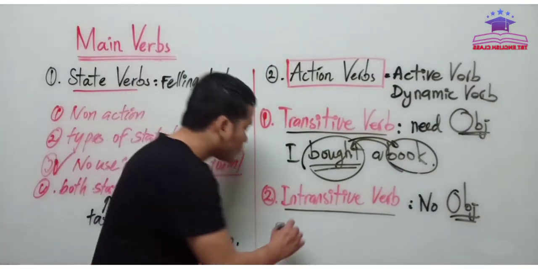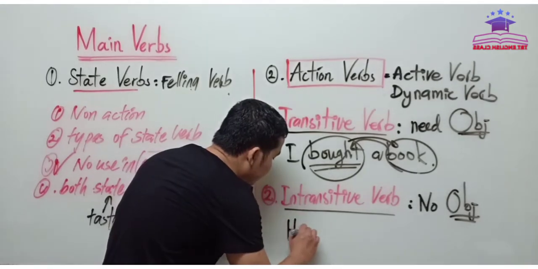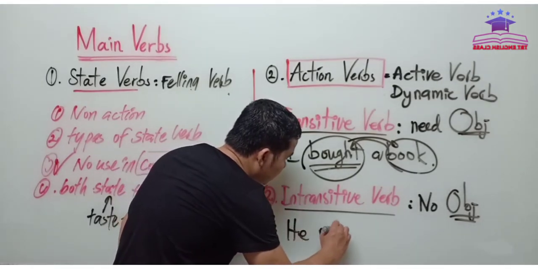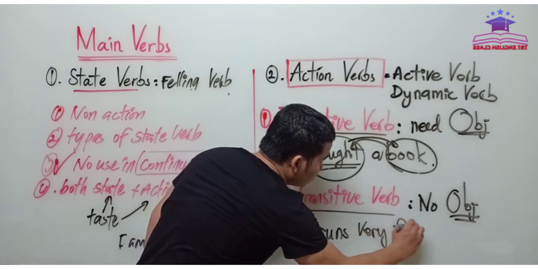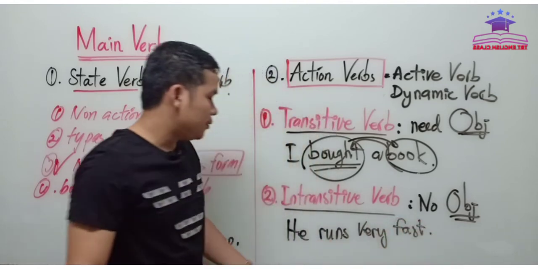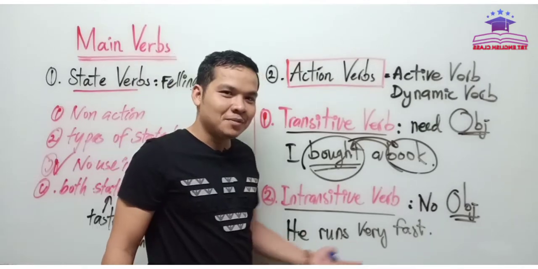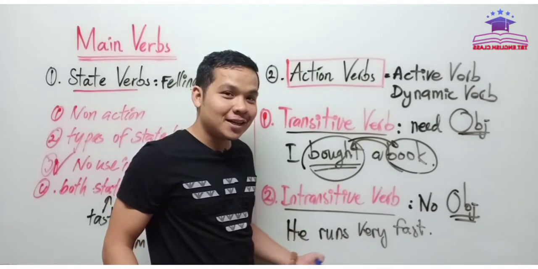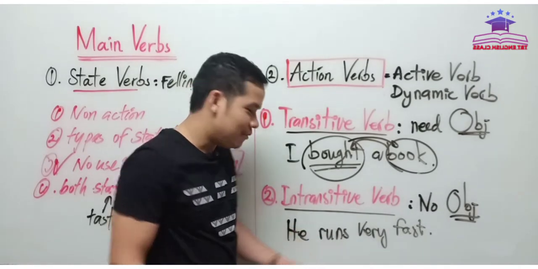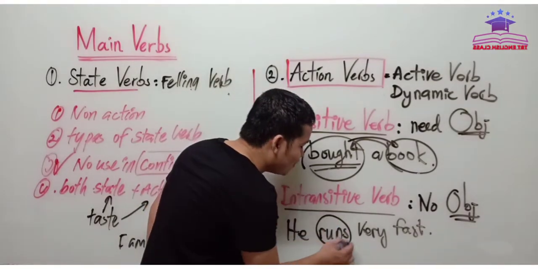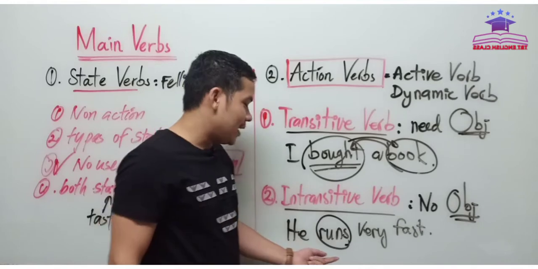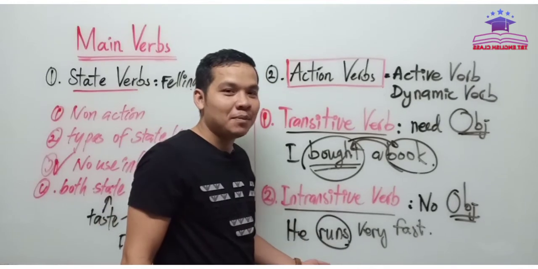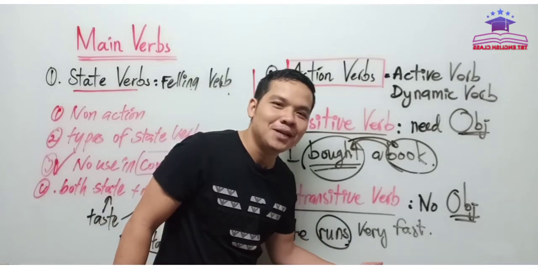Another one. He ran very fast. Where is the object in this sentence? Do you see the object, everyone? No, we don't have an object. We have only the action verb run. So run is the action verb in this sentence, but we don't see an object.